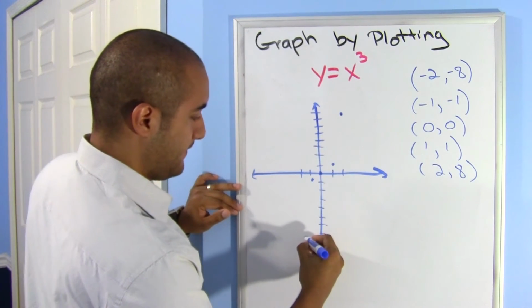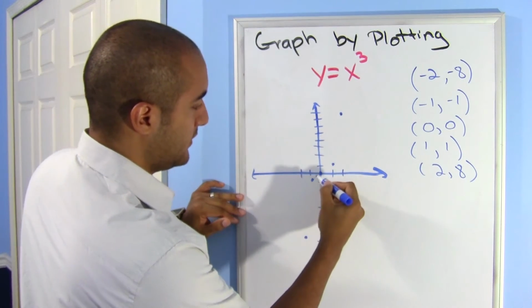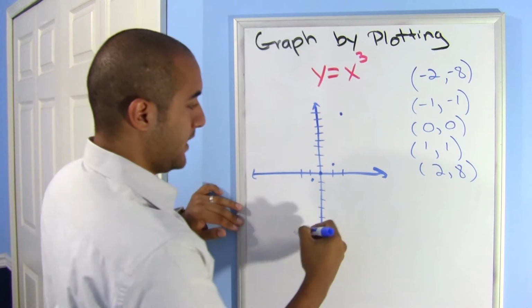So notice that what's happening, from left to right is that it comes up, it curves, has a little meander, and then it keeps on going.